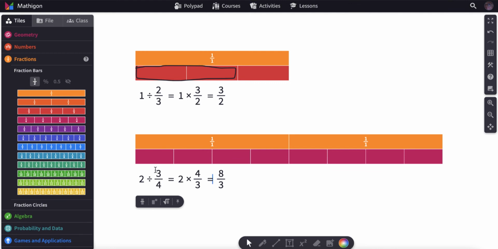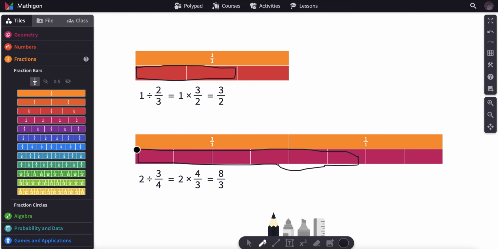So twice 3/4. So where's twice 3/4? There's twice 3/4 here. So we're now asking how many of these fit into our original 2.